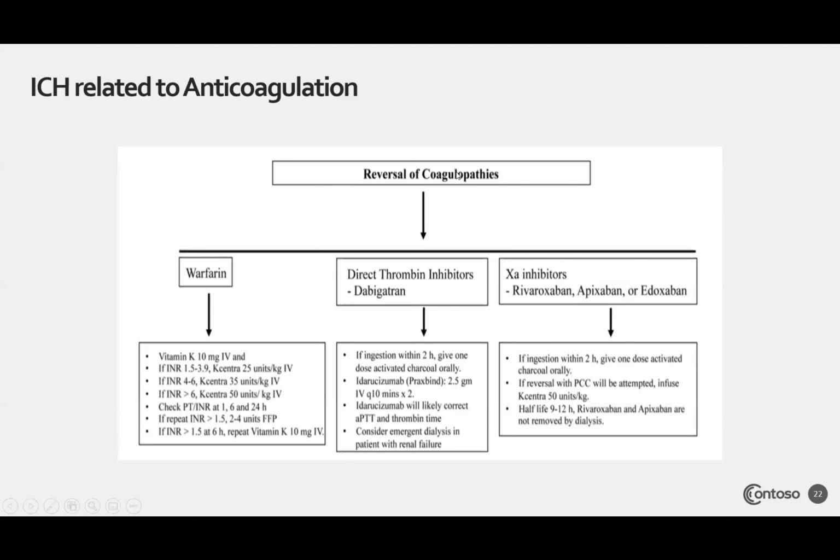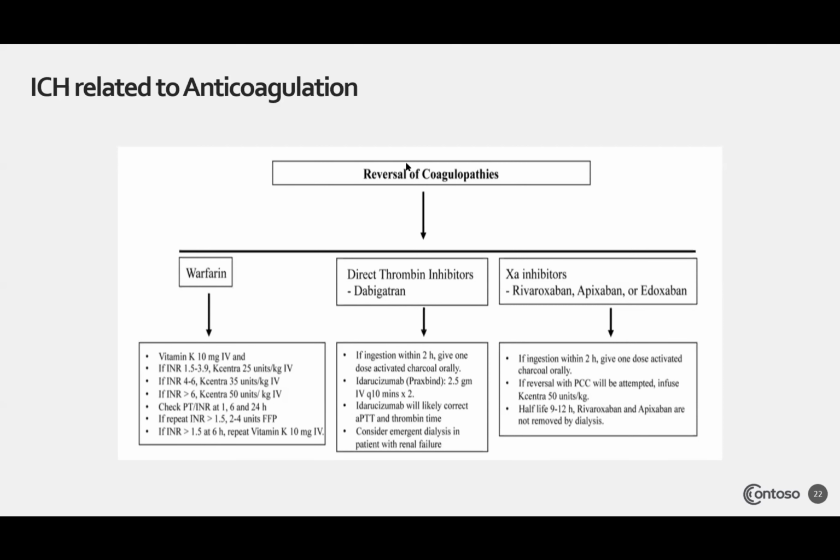The second reversible cause of hypertension in ICH is coagulopathy or bleeding diathesis. So if the patient is on anticoagulation, you will reverse it. If the patient is on antiplatelet, you don't give platelets, except if the patient is going to the OR, or their platelets dropped to a devastating level and you think the rebleeding is related to the drop in platelets.